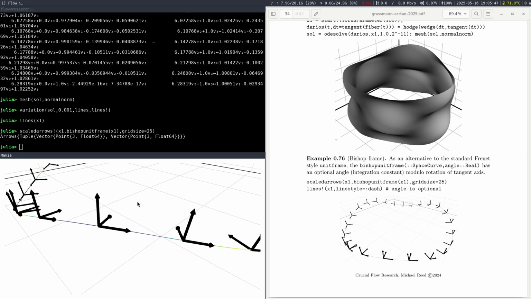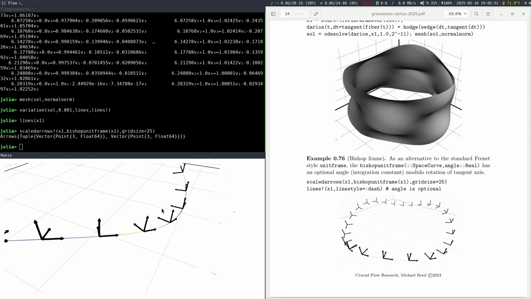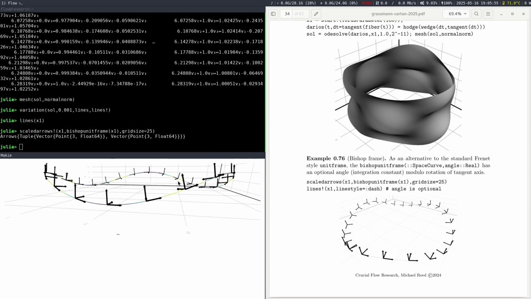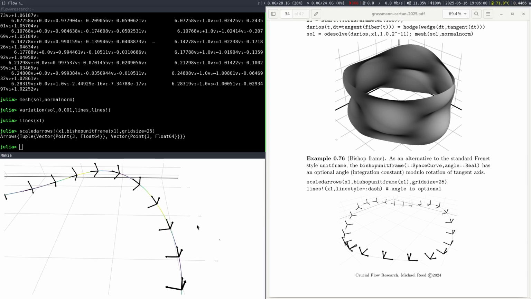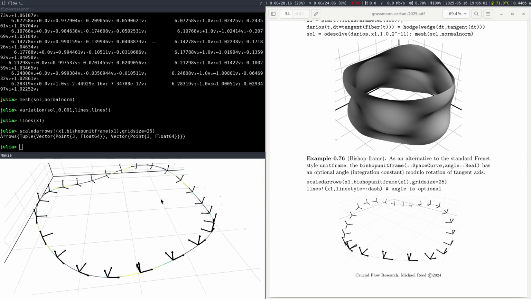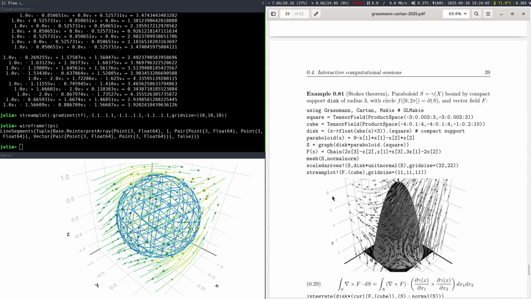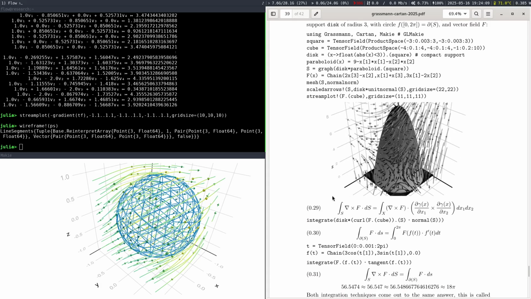So there we can see what a Bishop frame looks like on this curve. Let's continue on to the final example here.